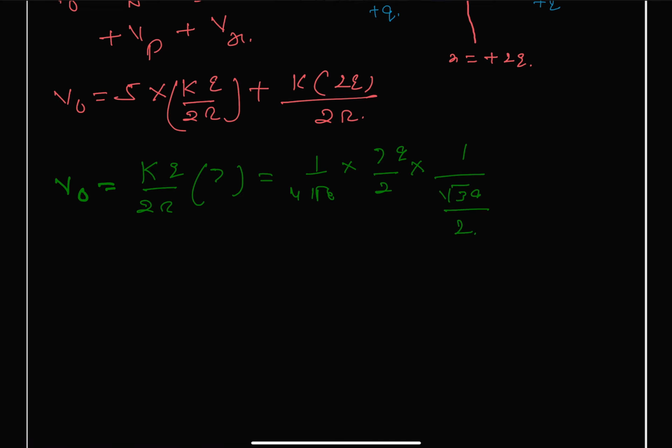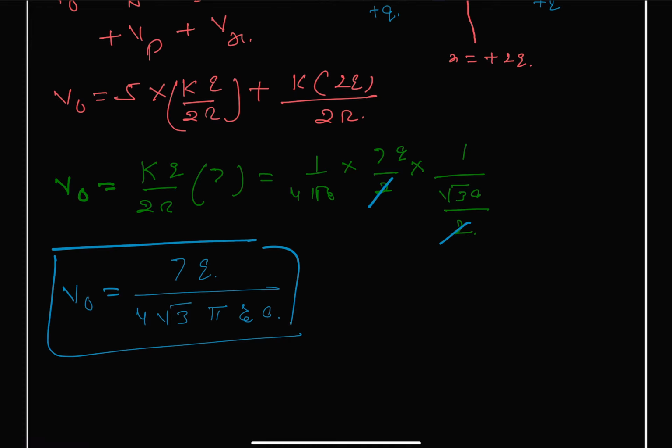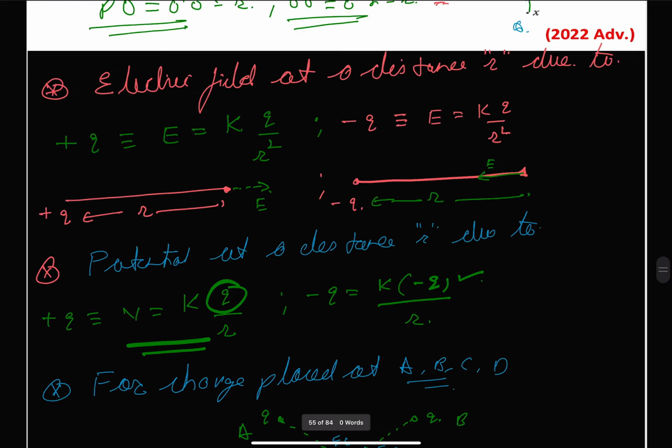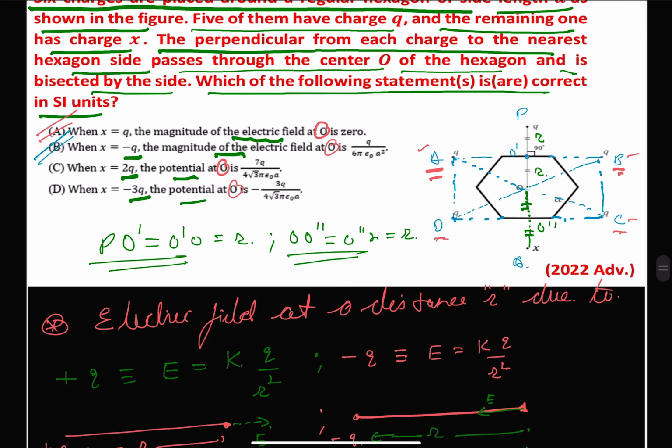Here 2 cancels with 2, so we get V naught equal to 7Q upon 4 root 3 pi epsilon naught A. So this is our V naught when X has a plus 2Q charge. So option C is also correct.